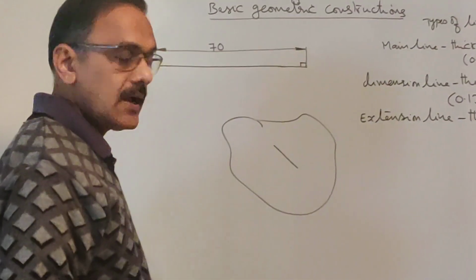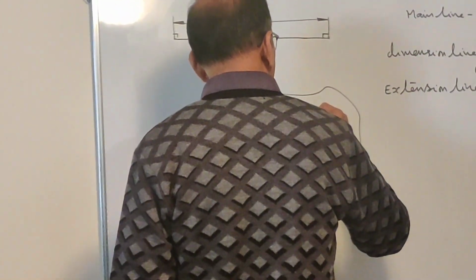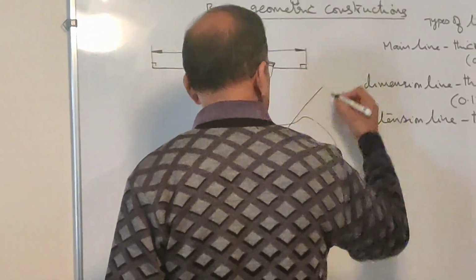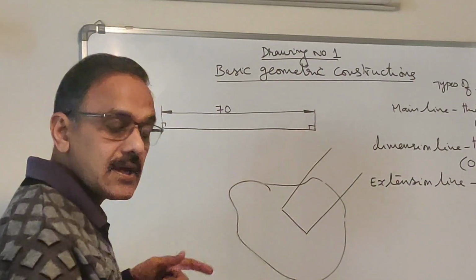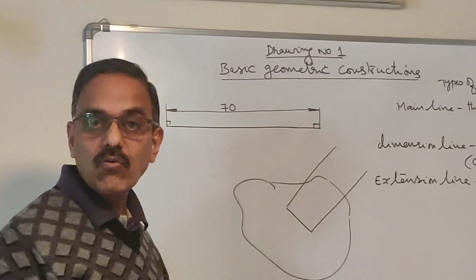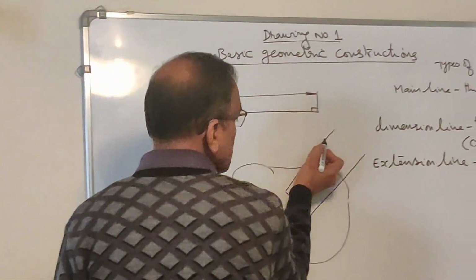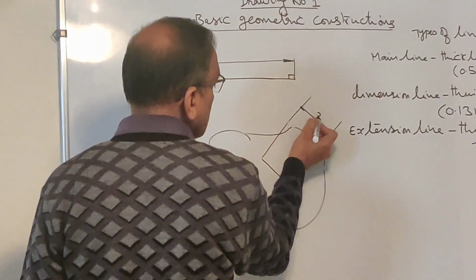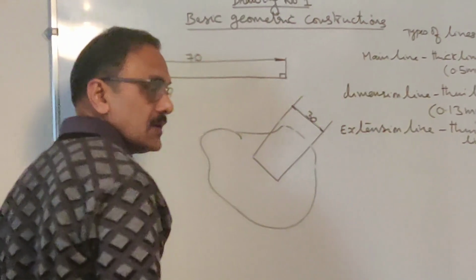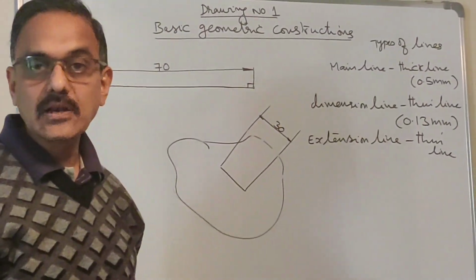We don't do it inside as far as possible. So I will be extending these lines outward like this. So the extension line can be extended to any length that you require. And then maybe I will draw the dimension line somewhere here, and then I write 30 or whatever it is. So they have been extended to the extent that is required. That is why the name extension lines.